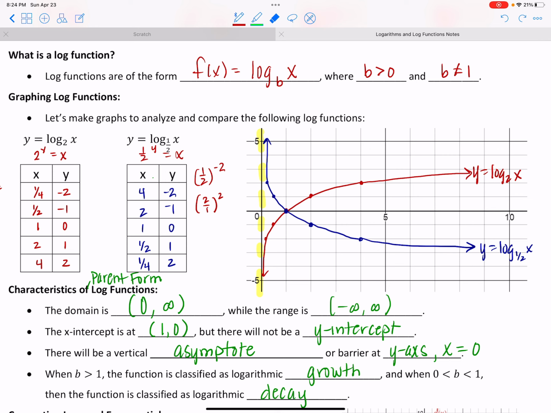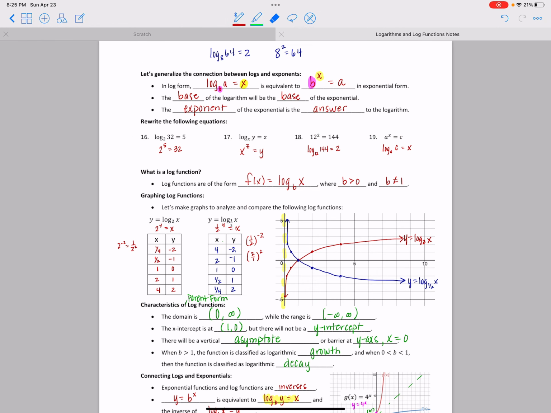Instead of the y-intercept at 1, x-intercept at 1. Instead of an infinite domain and a range from 0 to infinity, we have a domain from 0 to infinity and an infinite range. Instead of a horizontal asymptote at 0, it's a vertical asymptote at 0. So if we can commit some of this to memory, it just makes our lives a little bit easier as we go to calculus and do some further analysis with functions.